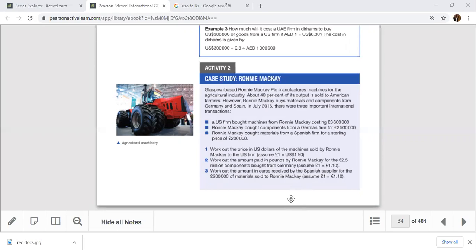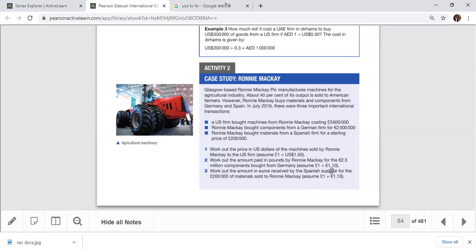The second one: work out the amount paid in pounds by Ronnie Mackay for 2.5 million euro of components from Germany. Now there is this currency conversion. They give the sterling pound conversion: assume 1 pound equals 1.10 euro.